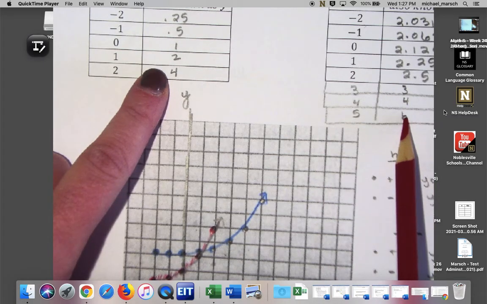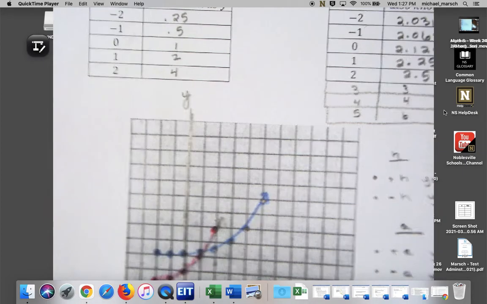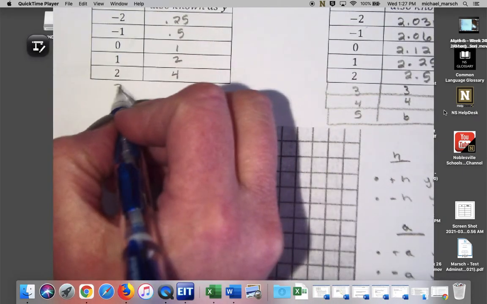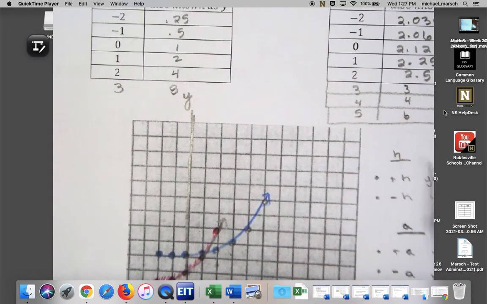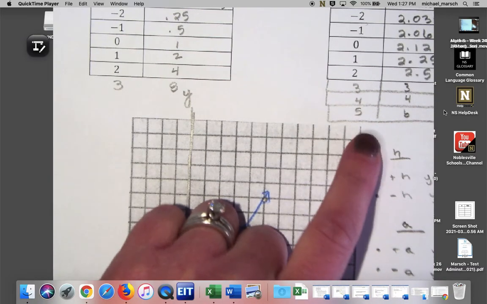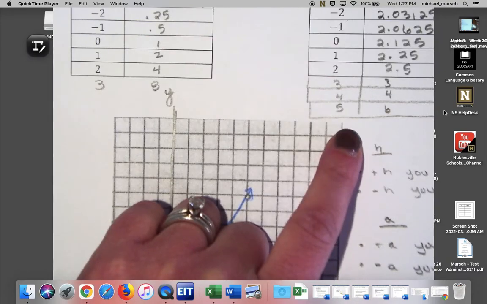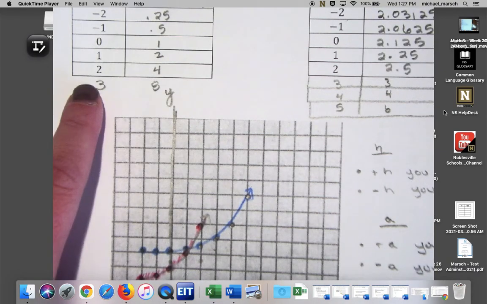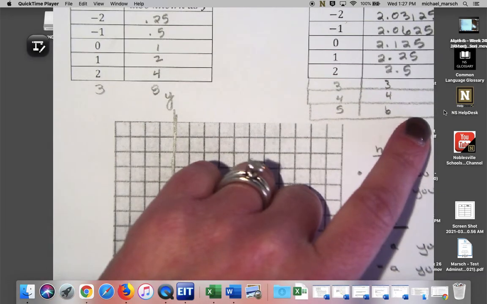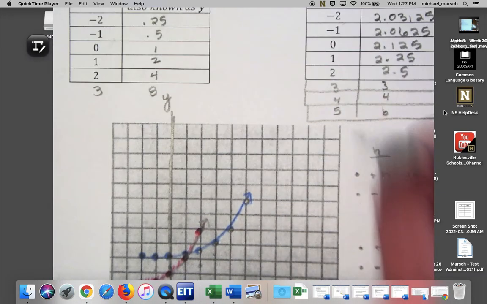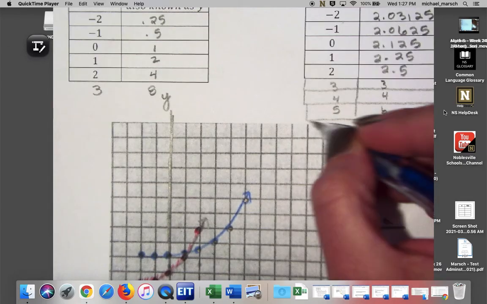So if I had this point here, 3, I'm going to get 8 here, right? So what would my next value be on this table? Well, what's 3 plus 3? 6. And then that would be 10. Yes. This would be 6 and 10 if I had another row here.